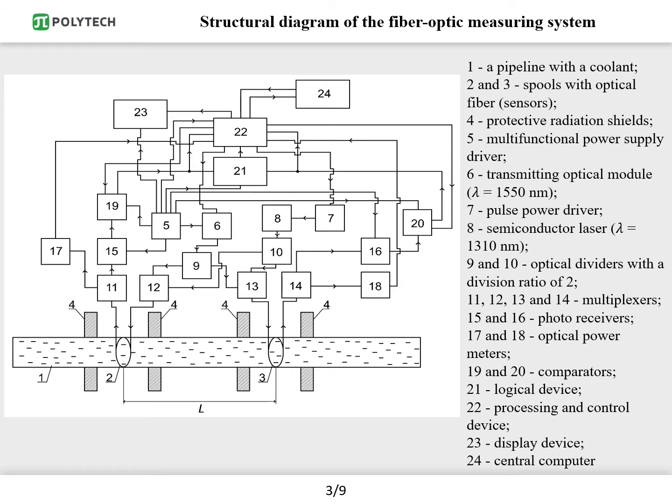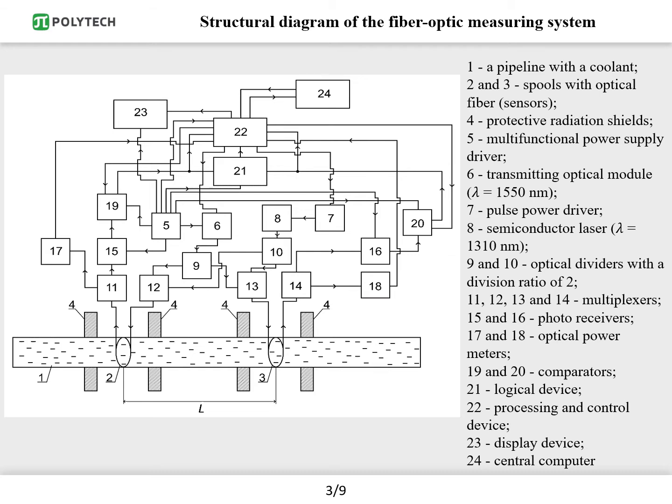So here is the structural diagram of the fiber optic measuring system. The Pout value is recorded on photodetectors 15 and 16, and we watch its decrease. Suppose coils with optical fiber are located on the pipeline with a distance L between them, and the coolant's flow is separated by protective screens.